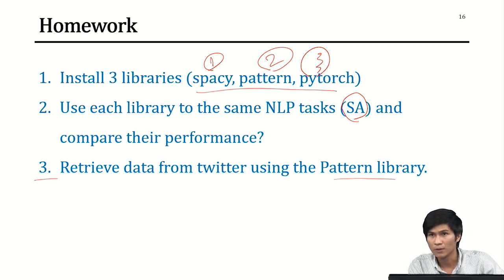To be able to retrieve the data from Twitter, you will need to get the access key from the Twitter account. You can go to the developer account, and then you may need to fill up and create some information so that you can retrieve the access key.